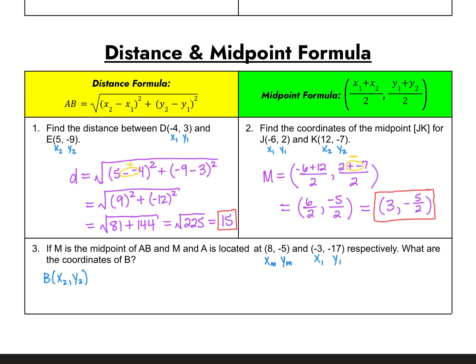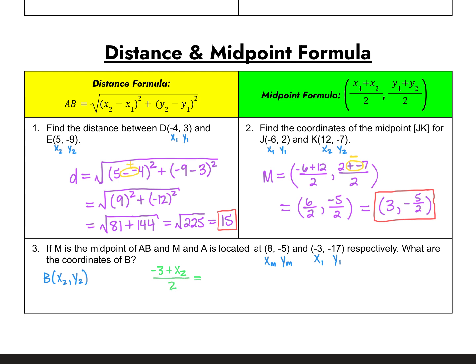So now I'm going to set up two equations. Normally when we find our midpoint, we do x1 plus x2 divided by 2, and that should equal your midpoint. So if I use that, I'm going to have negative 3 plus x2. Remember, you have to add the endpoint x values.